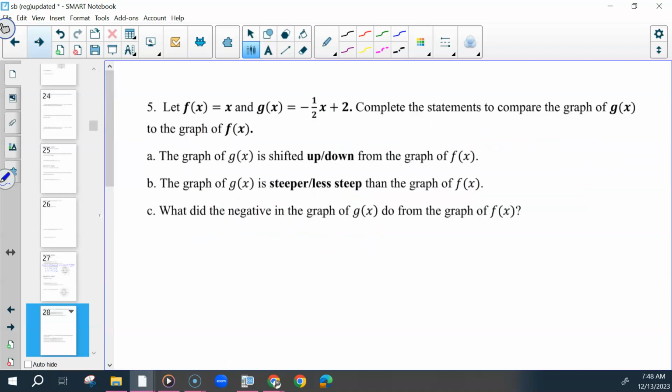Number 5, going back to our transformations. This is our original. This is our new function. We are comparing the statements. This graph was shifted up because of the +2. It is less steep because of the 1/2. And the negative reflected the slope.